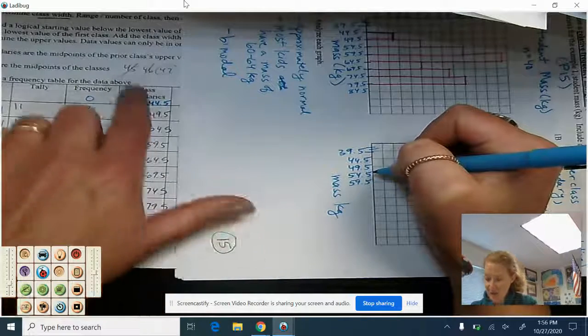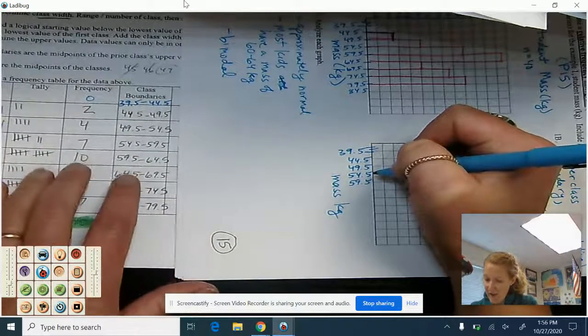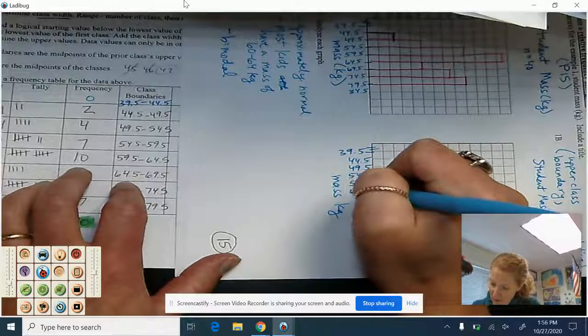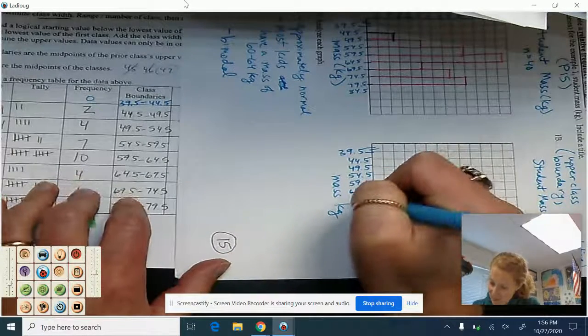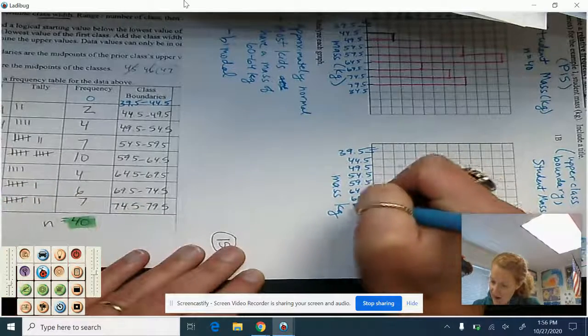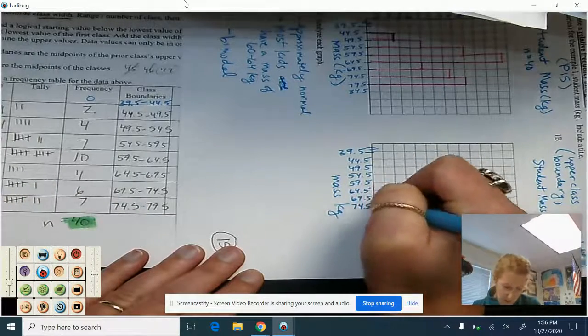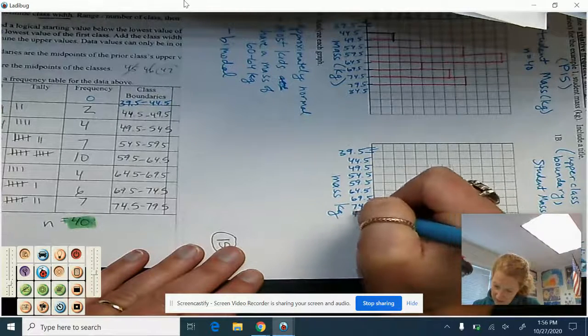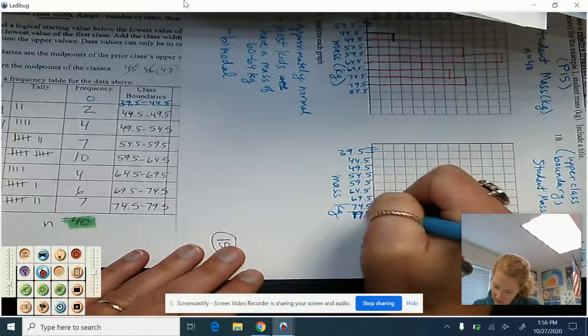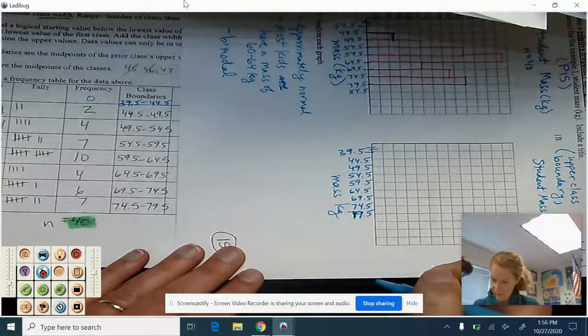I would just start here and then go down. All right, you got 39.5, 59.5, 64.5, 69.5, a lot of numbers to say, 74.5, and I'm going to go a little bit more to 79.5. Okay, over here.